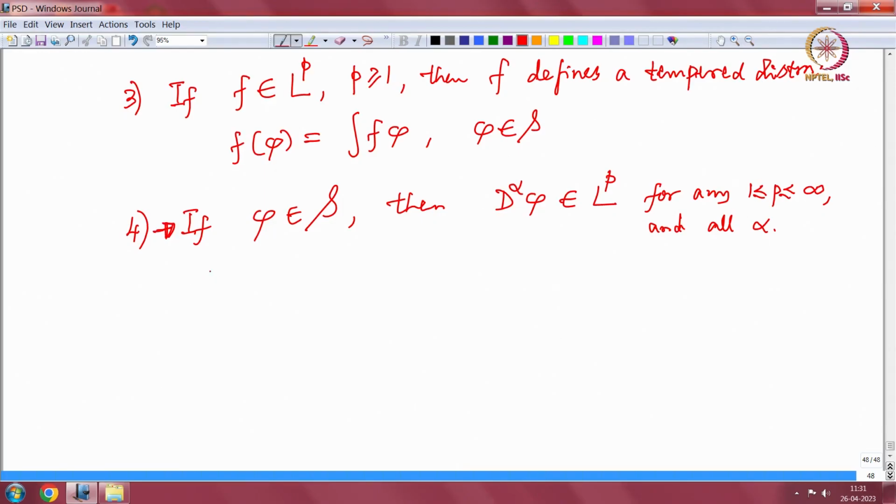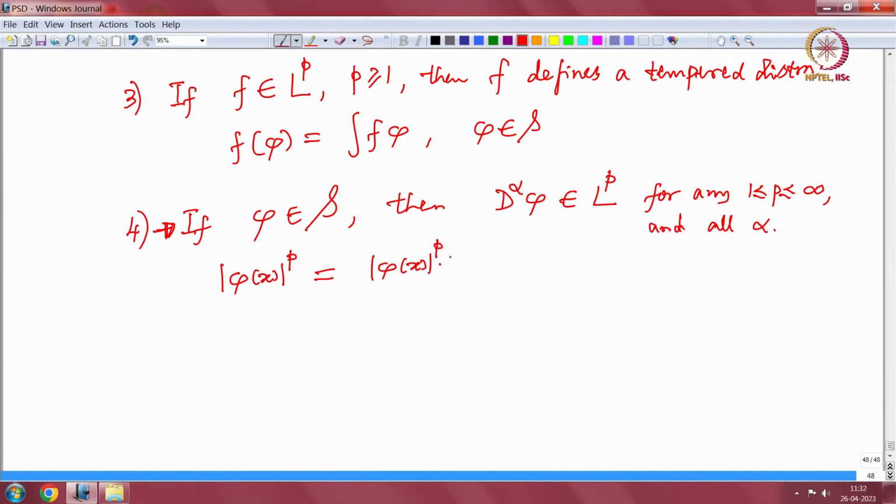We want to show that the integral of phi to the p over Rn is finite. Okay. You do the same thing for the other derivatives.